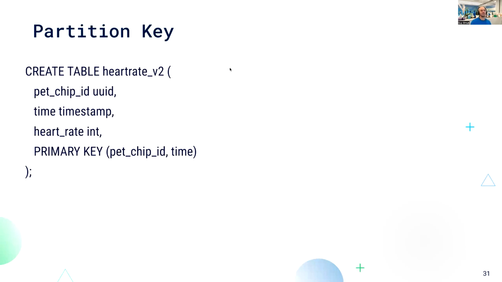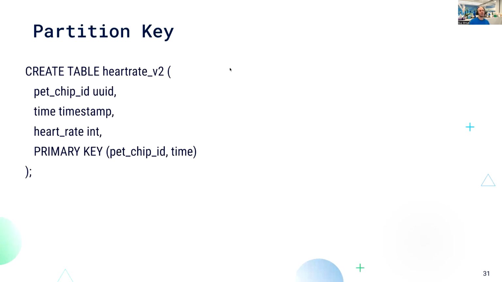So it's a very simple application where we have pets, and each pet has sensors, and these sensors measure different measurements for the pet, say the heart rate, and they write those measurements to the database. Okay, so it's a very simple application just for the demo.